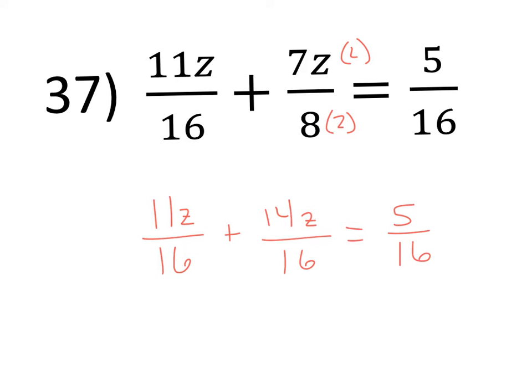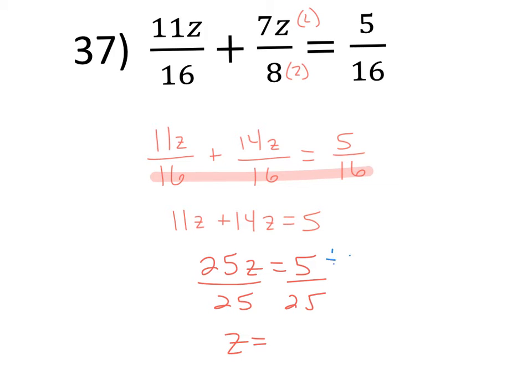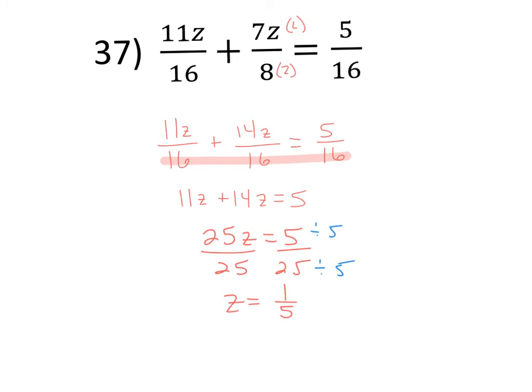Now the bottoms will drop off, so I have 11z plus 14z equals 5. Combining like terms, I get 25z equals 5, and then I divide both sides by 25. So z will equal 5/25; again, I can take a 5 out of both of these and end up with 1/5 for a final answer there.